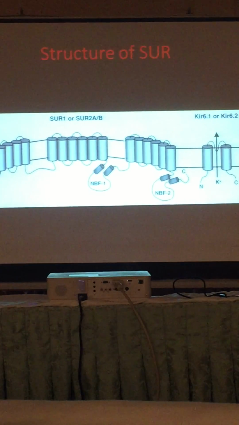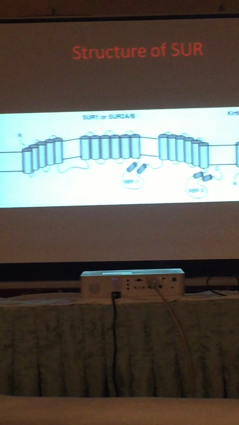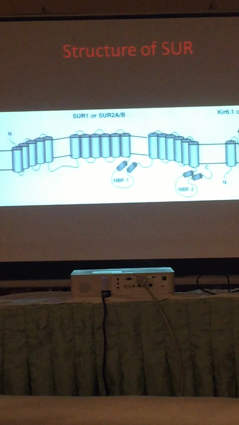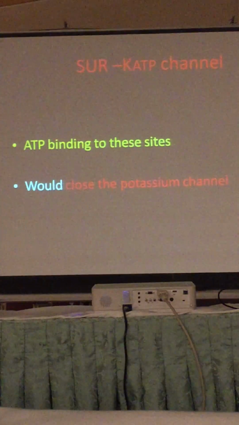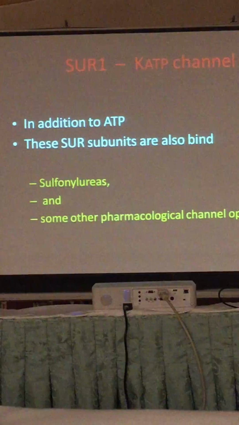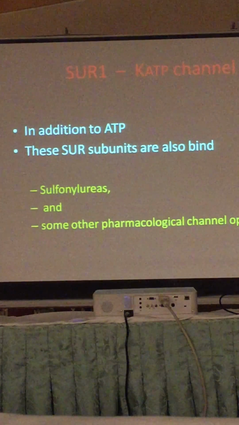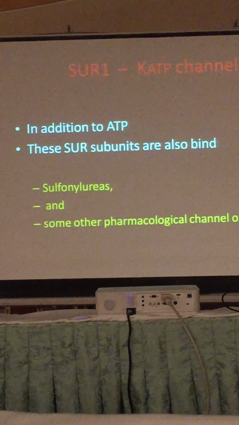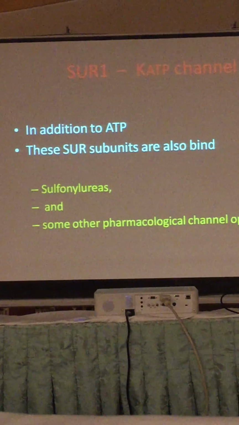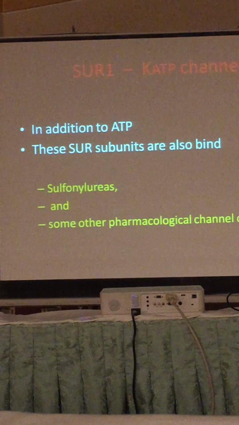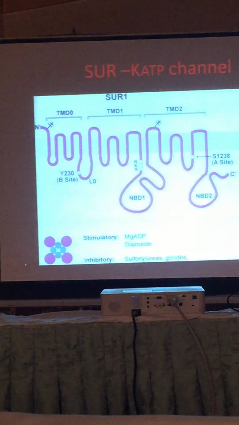And once the ATP binds to this receptor, it constricts and closes the pore. ATP binds to the site and closes the potassium channel, and it not only binds ATP, it also binds sulfonylurea. Sulfonylurea therefore mimics the action of ATP by closing the channel.